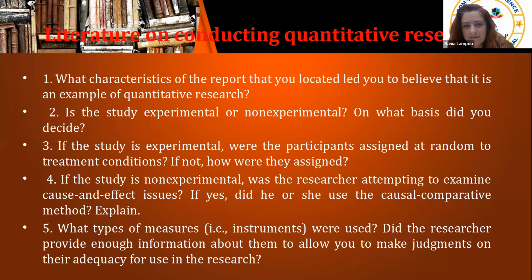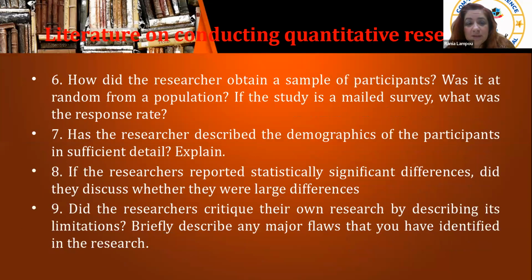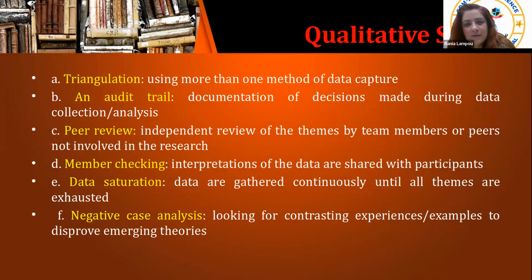These questions are like this: is the study experimental, were the participants assigned at random? If not, how were they assigned? Questions like this: has the researcher described the demographics of the participants in sufficient detail? And on the other hand, we talk about qualitative study.